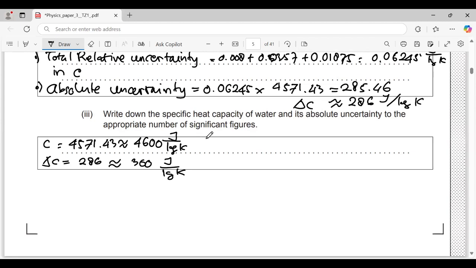So the specific heat capacity of water and its absolute uncertainty is 4,600 plus or minus 300 joule over kg Kelvin.